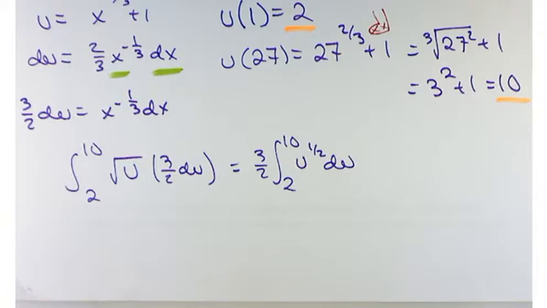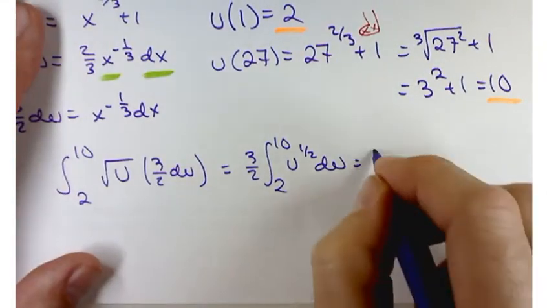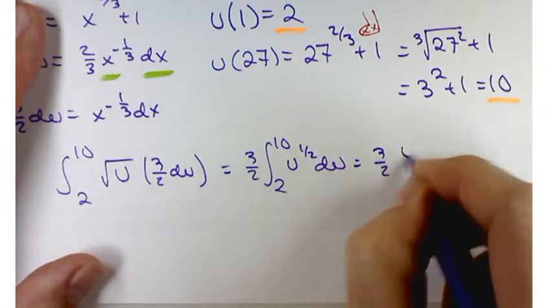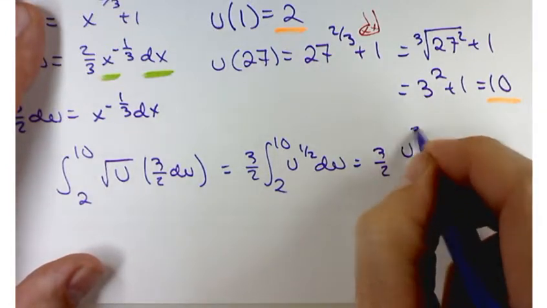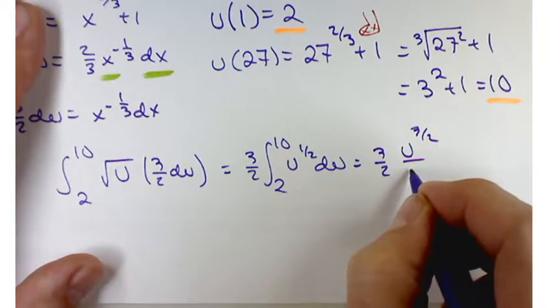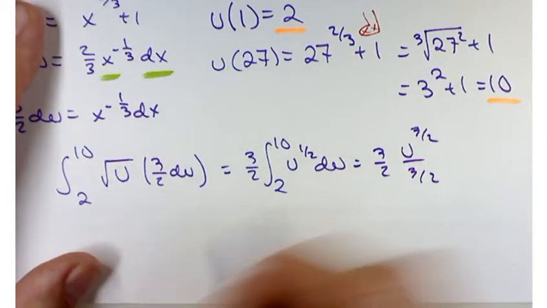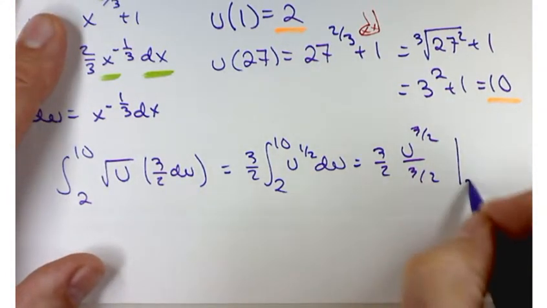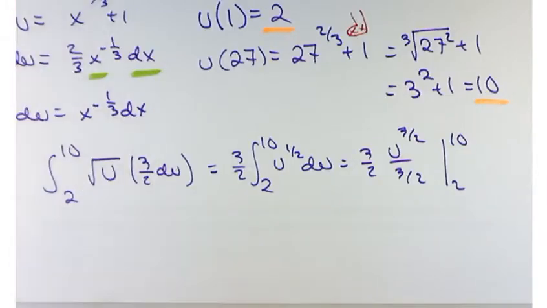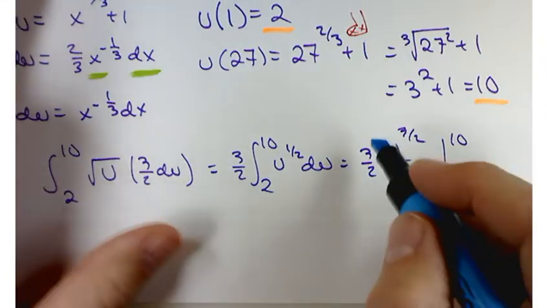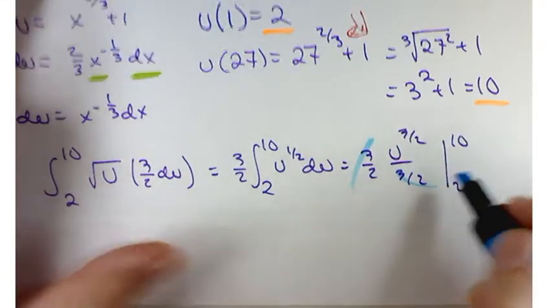Okay. When we integrate this, you add 1 to the exponent: 3/2, u to the 3/2, divided by 3/2, between 2 and 10. And there's even more good news, right? What's the good news here? Yeah, 3/2 and 3/2 cancels out.